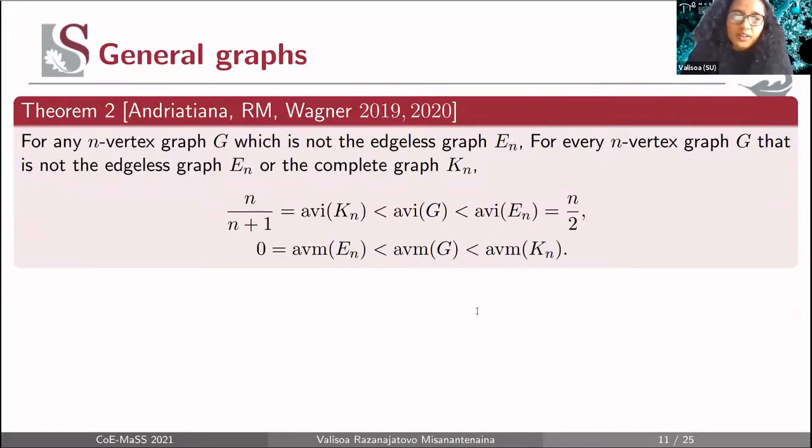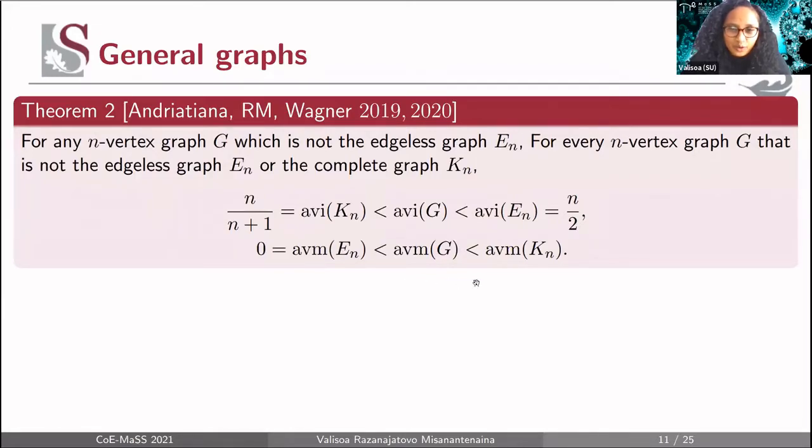Now, we were also interested in extremal results. Usually when we talk about the general graph, so just a graph G with fixed order n, we proved that the average size of independent sets of G is between the average size of the complete graph Kn and the average size of the empty graph En.